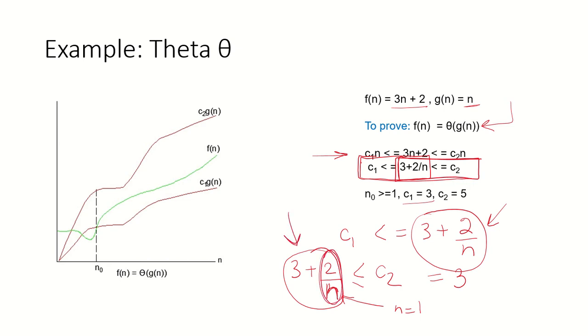So the maximum value of this can be 5. So c2 is 5. So we have been able to determine a value of c1 and a value of c2, and this would be true for all n naught greater than or equal to 1. And since we have found a function g(n) which is binding this function f(n) from above and below, we say f(n) is theta of g(n).